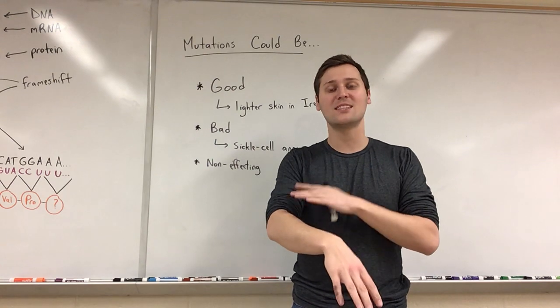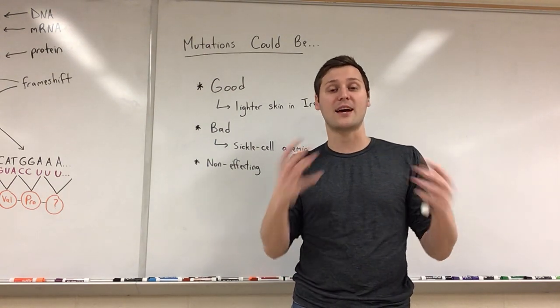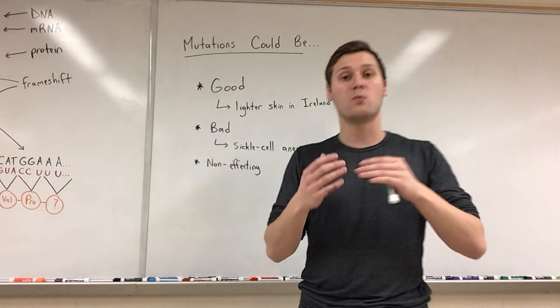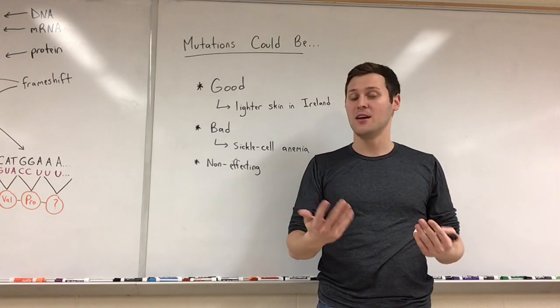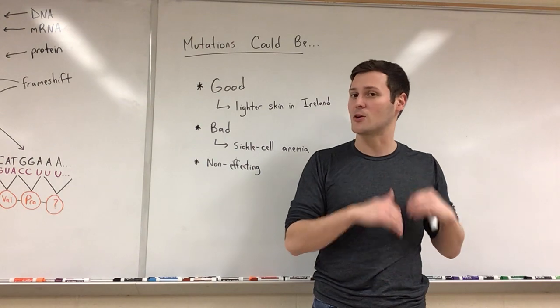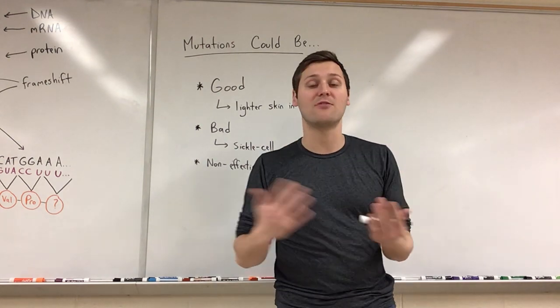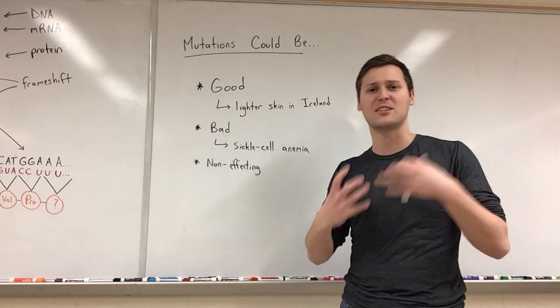So really it's not as beneficial. It's beneficial in Africa to have dark skin because it protects your cells from UV radiation damage. But when you go further north, it's actually not as beneficial because the darker skin prevents you from absorbing what little UV light there is, and we use UV light to make vitamin D, which helps our bones absorb calcium, right, and get stronger bones.